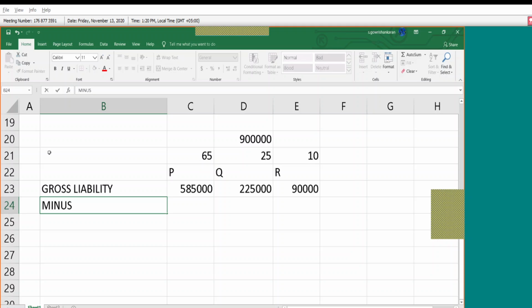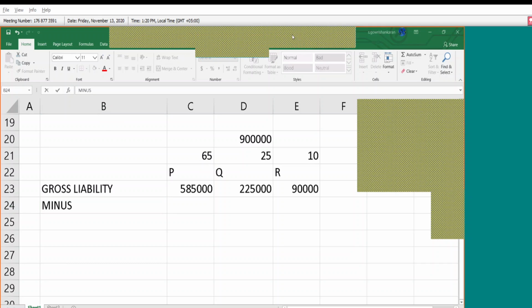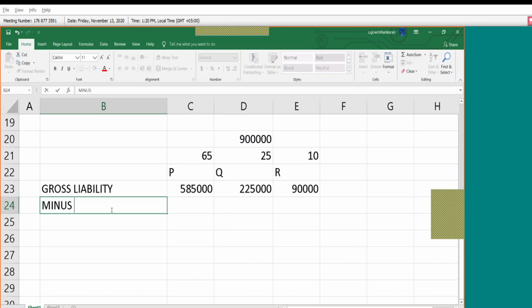Normally we will deduct the firm underwriting first. For this problem, we can work out differently. So next, what we will deduct actually is the marked application.